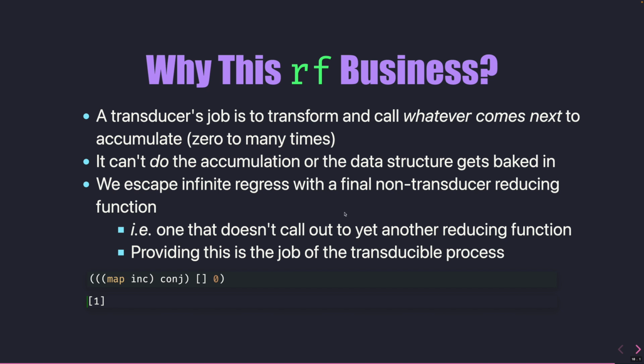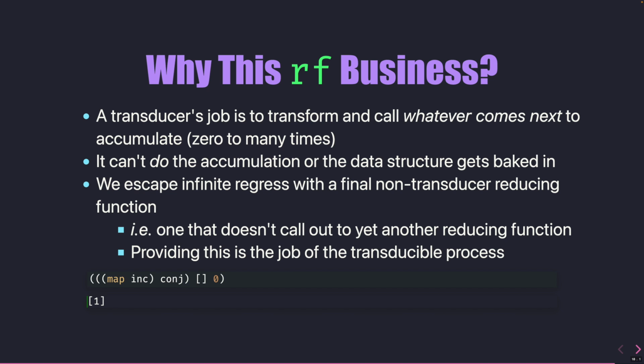And the way that chain is ended is that ultimately the RF at the very end is a kind of traditional reducing function that is actually going to produce a sequence or put something onto a core async channel, or does something material, let's say, right? So the key point is it doesn't call out to yet another reducing function. There is a final reducing function at the end.